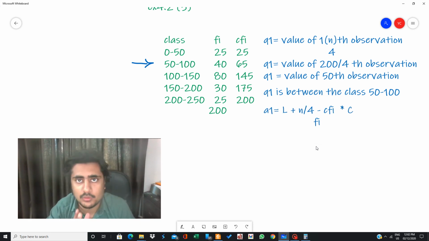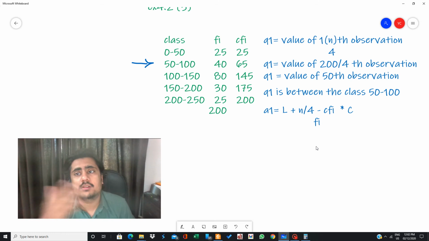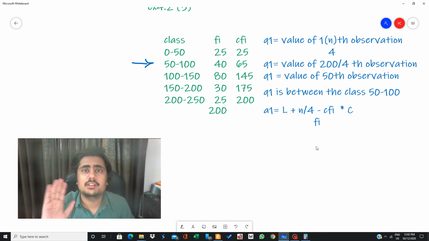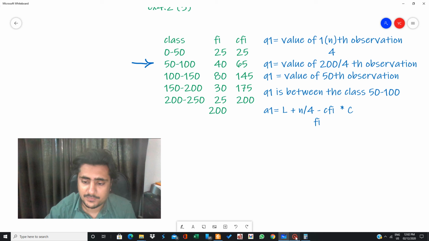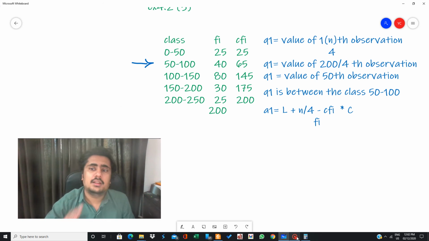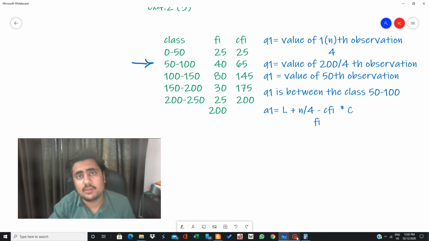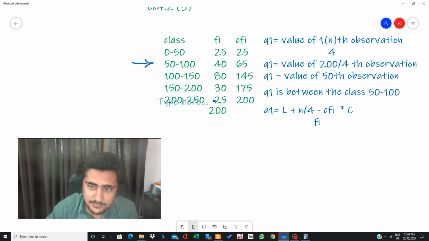L stands for lower boundary, n by 4 is n by 4, CFI means cumulative frequency of the previous class, Fi stands for frequency of the same class, and C stands for the class length.